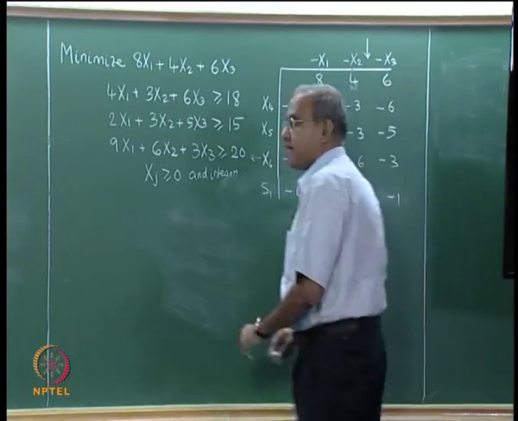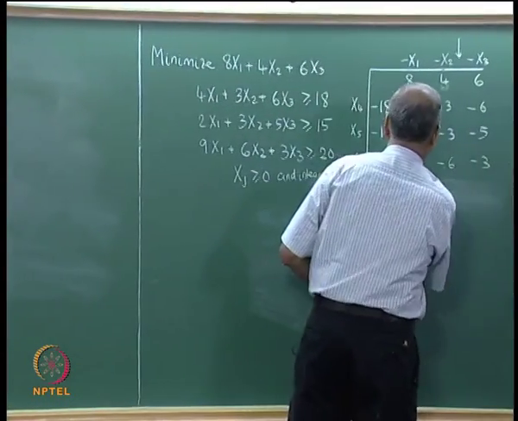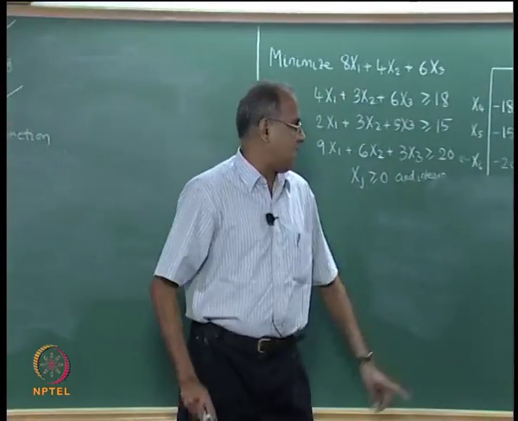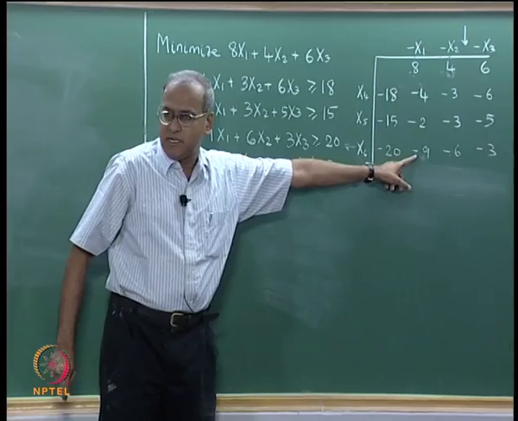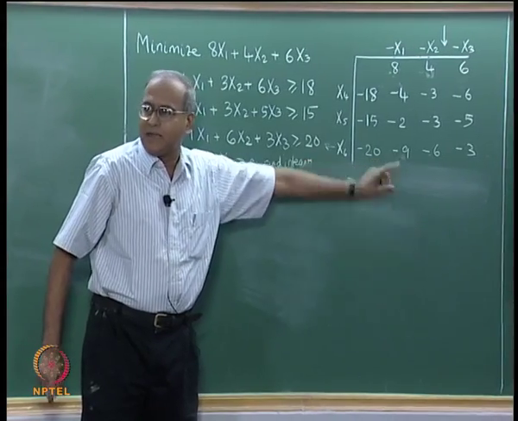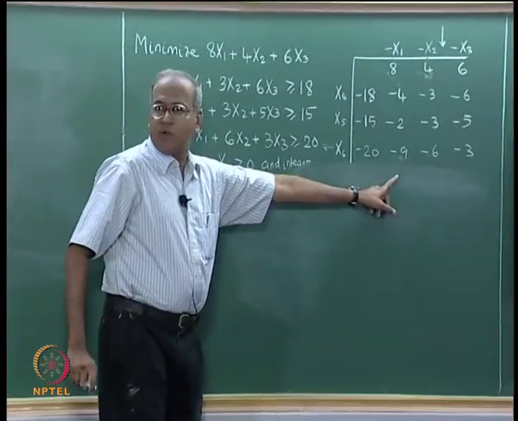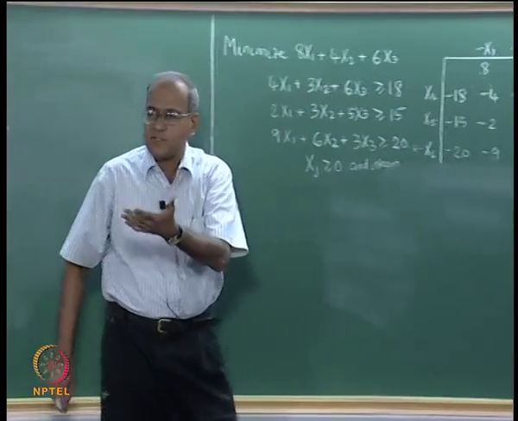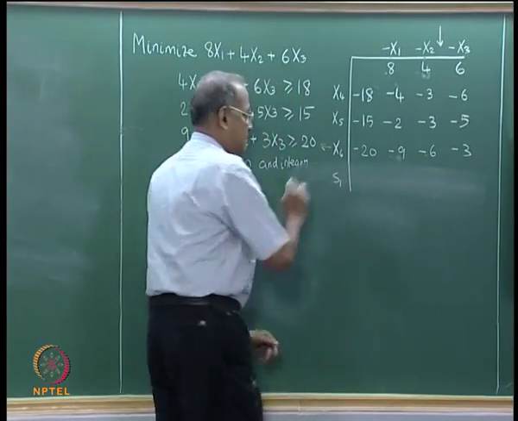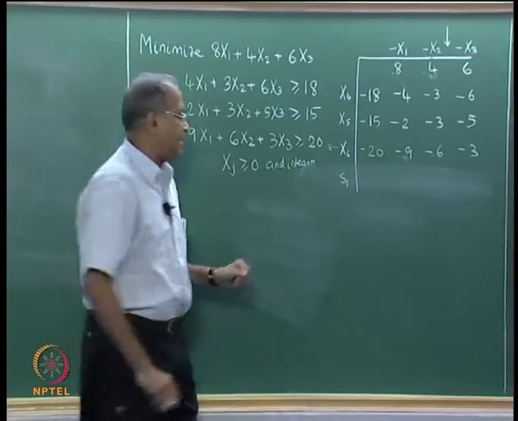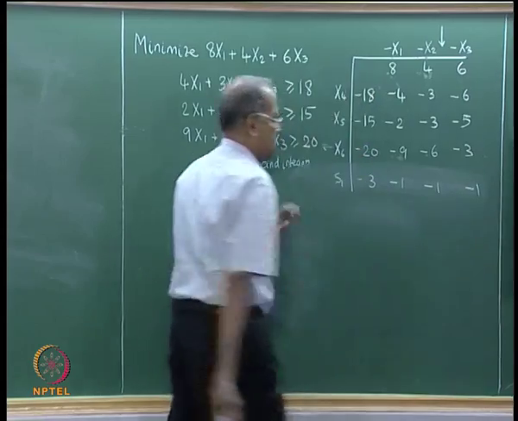For example, if we do h is equal to 1 by 9, from these numbers, the biggest of them is 9, the smallest of them is -9. So h equal to 1 by 9 would definitely give us a -1 here. So let us use h is equal to 1 by 9 to get a cut which is S1, -20 by 9 which is -3, -1, -1, -1.